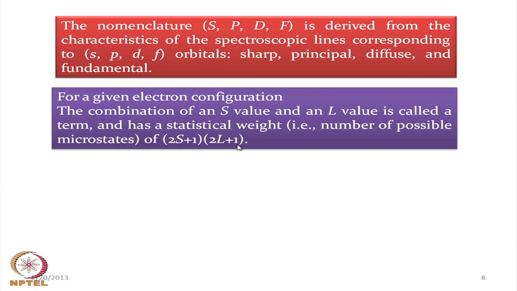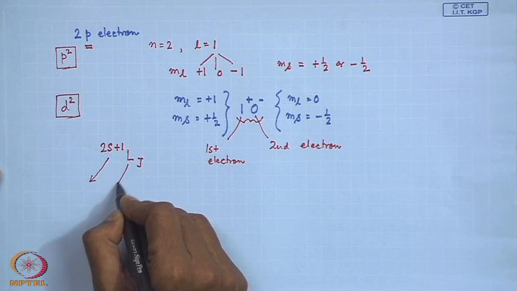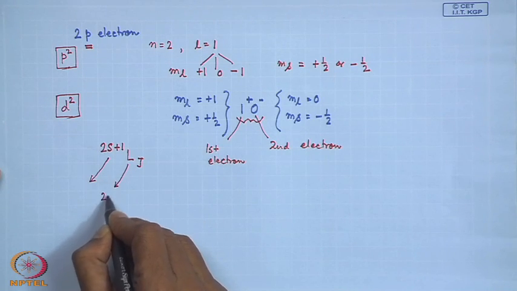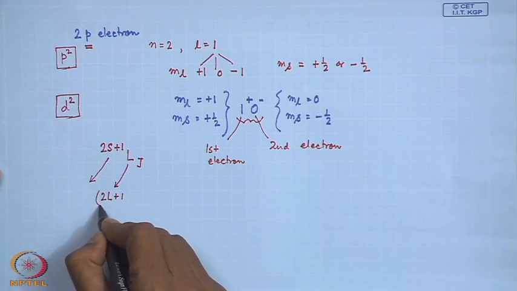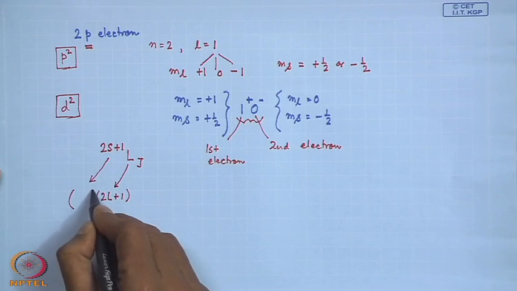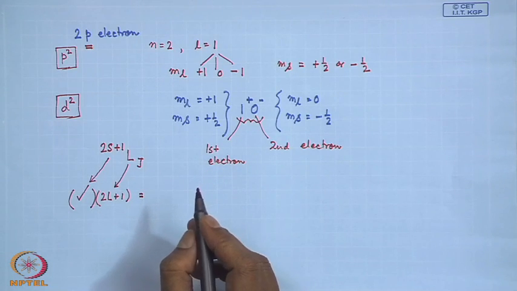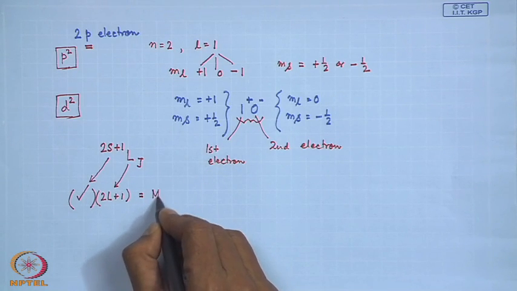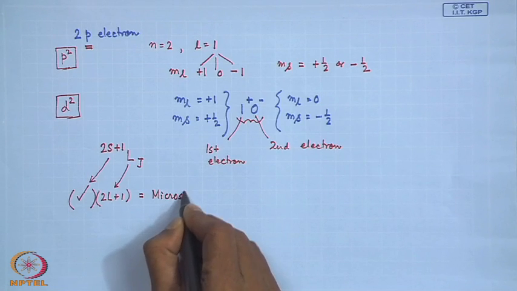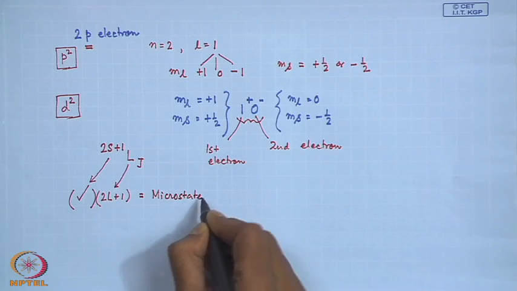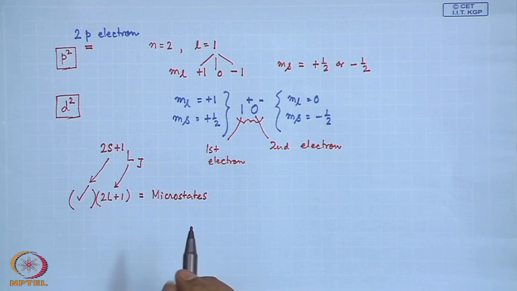So, if we have this value and we have the L value giving rise to 2L plus 1, multiplied by this one, we will get the total number of possible microstates. That gives us the different possible microstates.